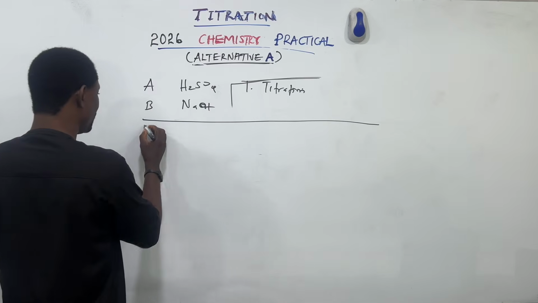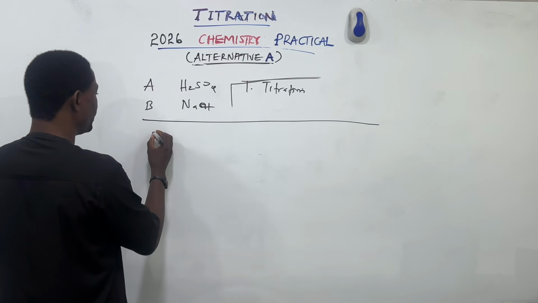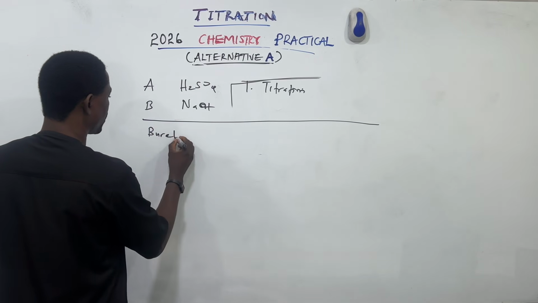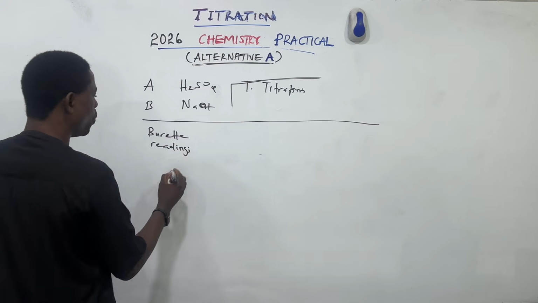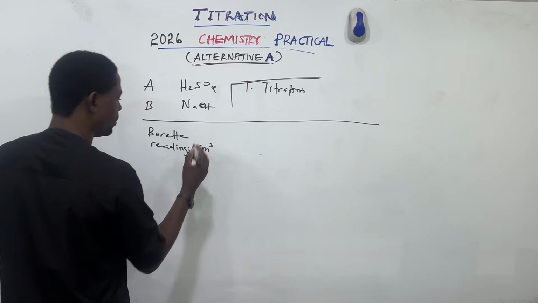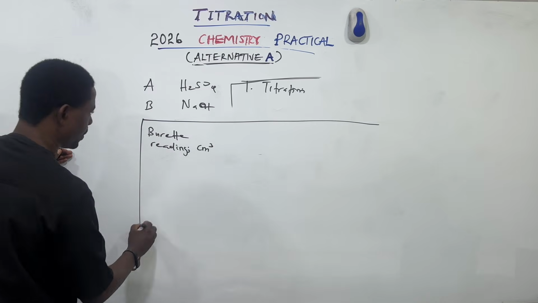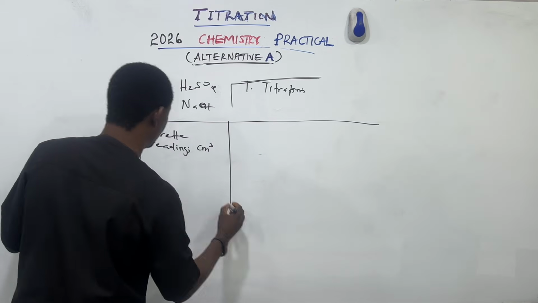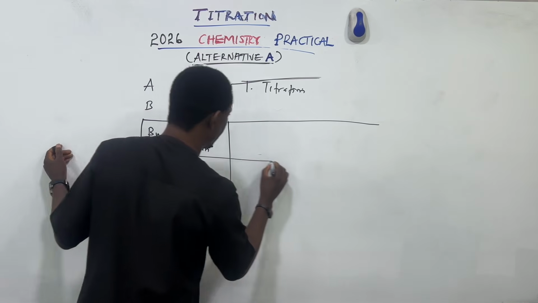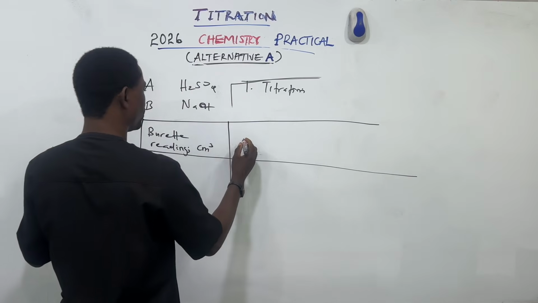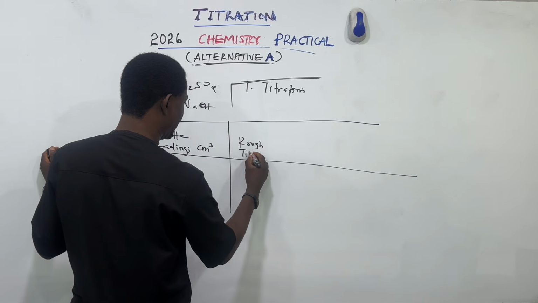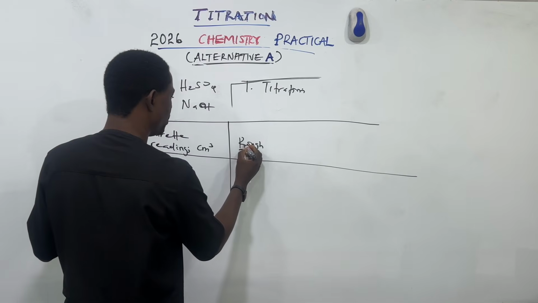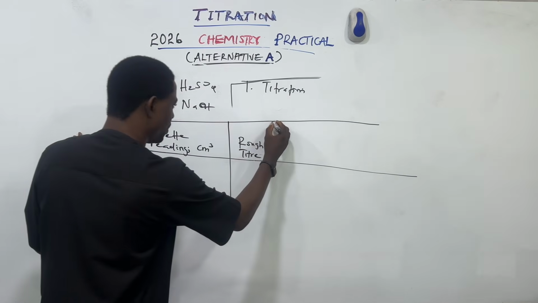The first thing you need to do here is Burette reading. I hope you have seen that. Burette reading, then put the unit here. After that, you must write rough. I can put rough titre, I can put rough titration, but you have to be consistent. So this is rough.